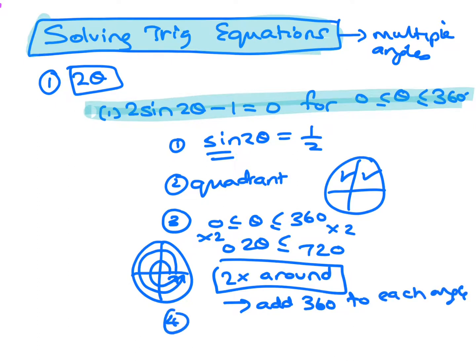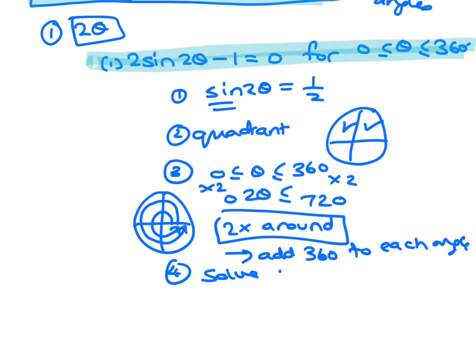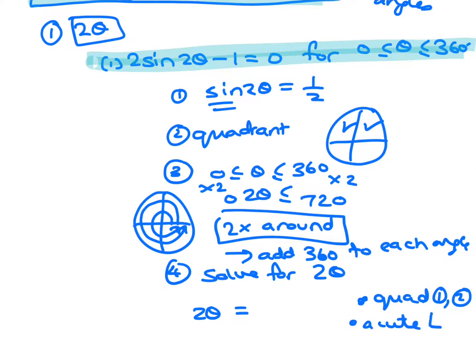Before we do that, let's just solve for 2 theta. So you write 2 theta equals. Now we've got the quadrants, we know it's in 1 and 2. We then have to get the acute angle, so you go shift sine of 1/2, which is 30.